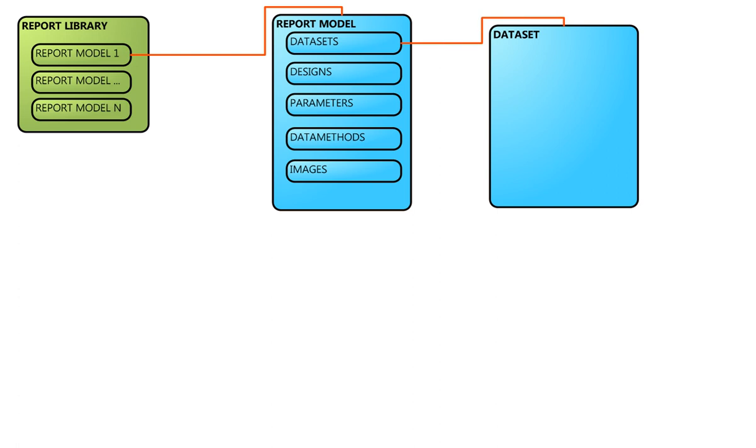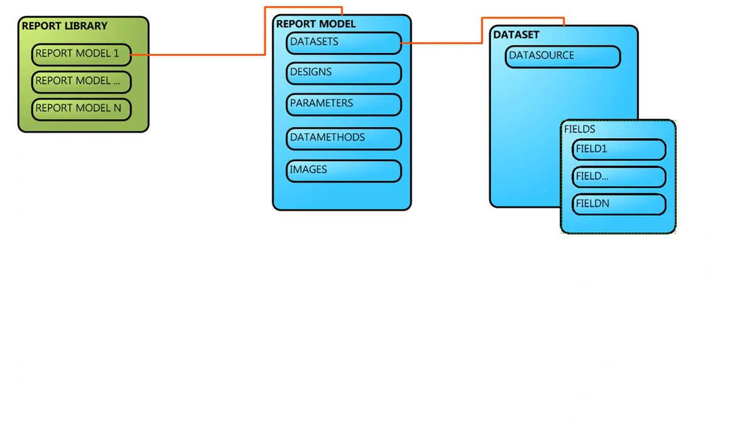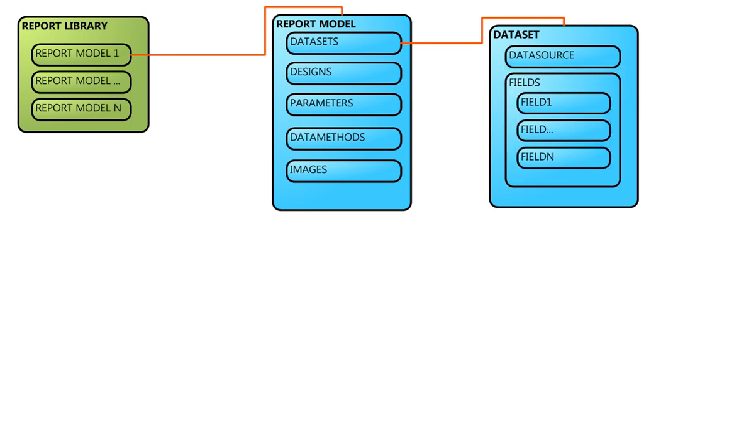So what is in a single data set? You can think of a data set as a reference to some data source. Okay, and I'll talk to you about what the data sources can be. And relative to that data source, there is a collection of n fields. It's very simple, right? You saw in the query that I used in the previous screencasts, there were 3 fields, right? So the data source was an AX query, and there are 3 fields.